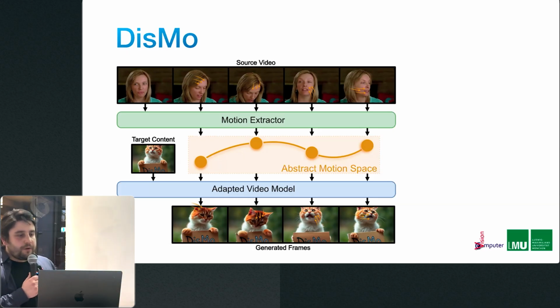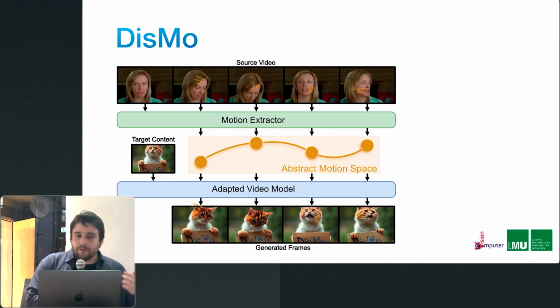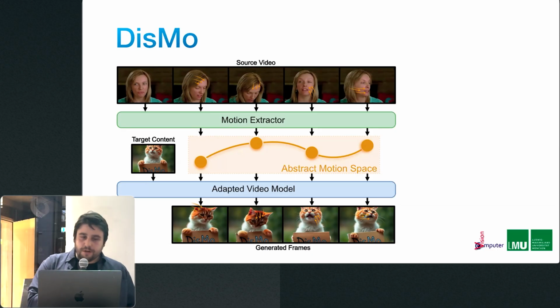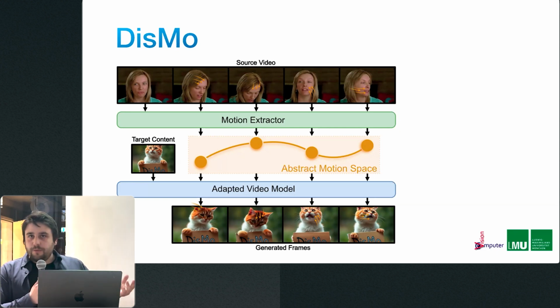And what we do is we introduce a motion extractor that takes a source video as an input and then extracts a stream of these abstract motion embeddings. And then for the task of motion transfer, we adapt a video model.